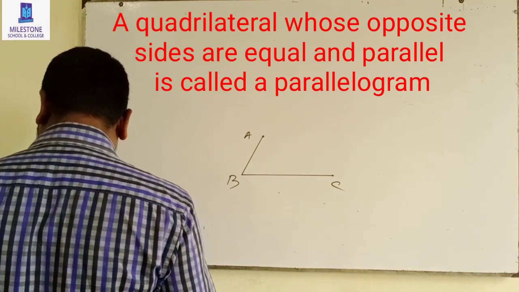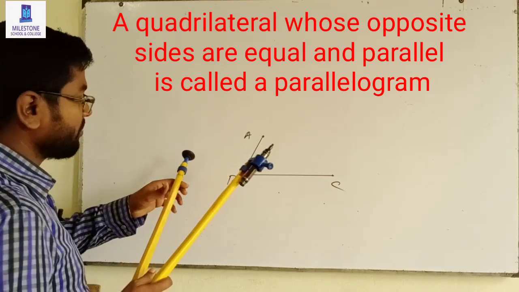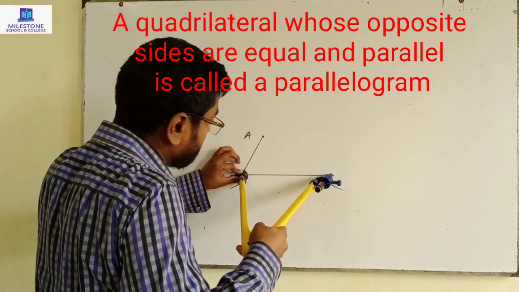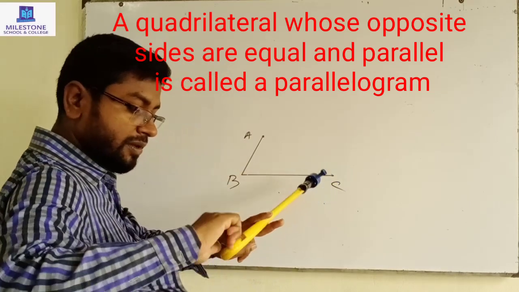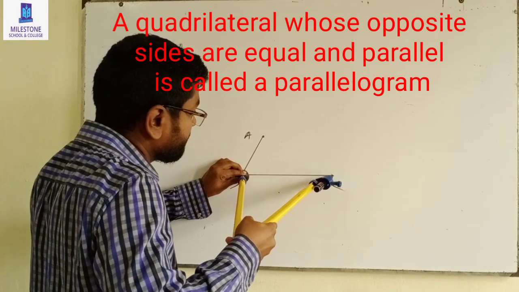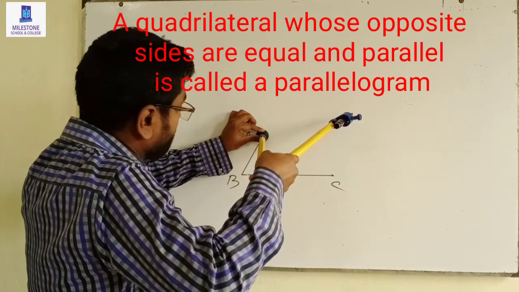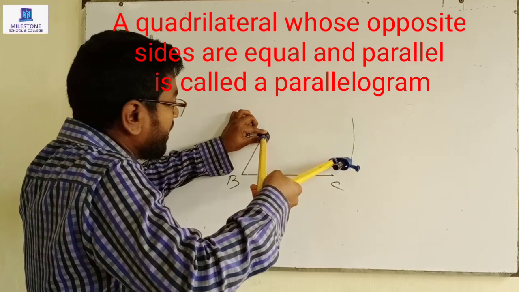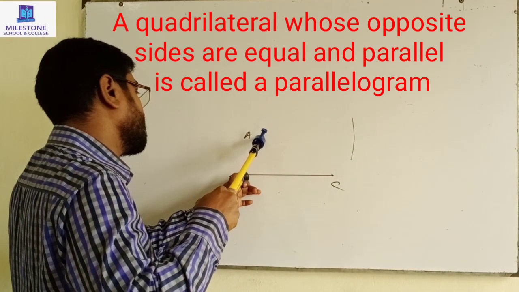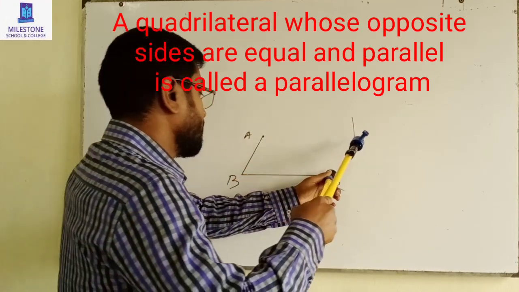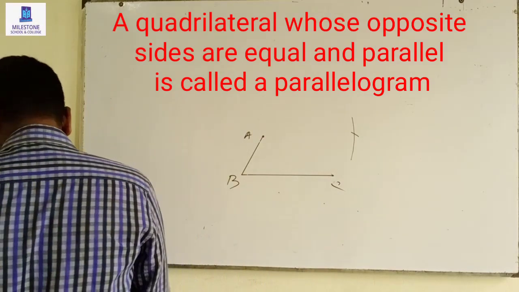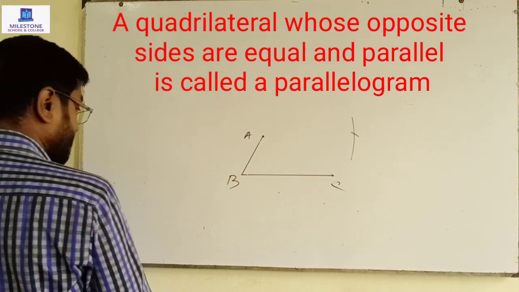Now with the compass we will take the same distance of BC, the exact distance of B and C. From point A we will draw an arc. Now we will take the length of AB. From C we will draw another arc. Now I got a point.